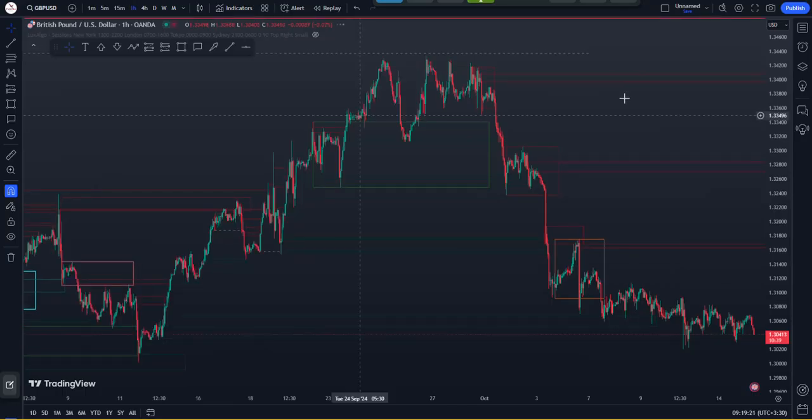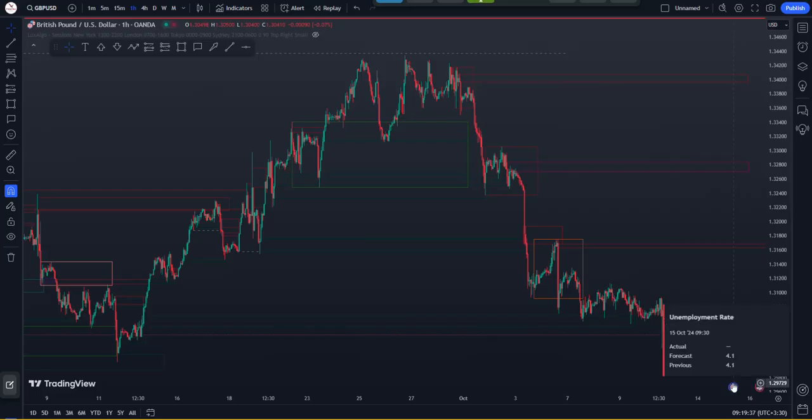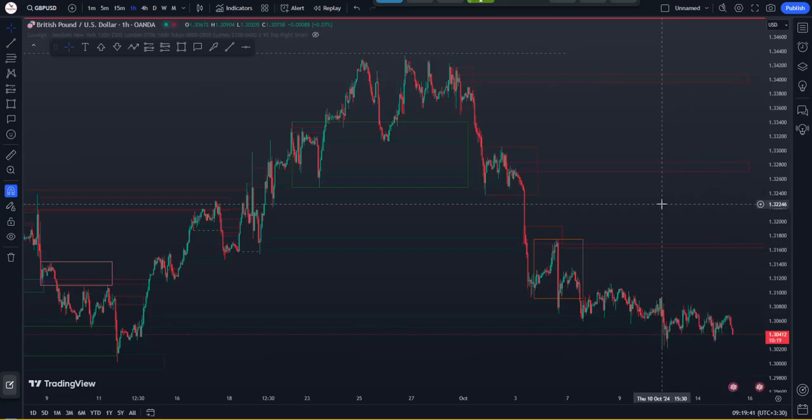This is so tricky, and after this kind of actions, price is jumping somewhere, and some news is released. I think at 9:39, 10 minutes later some news is released, and let's see what happens.